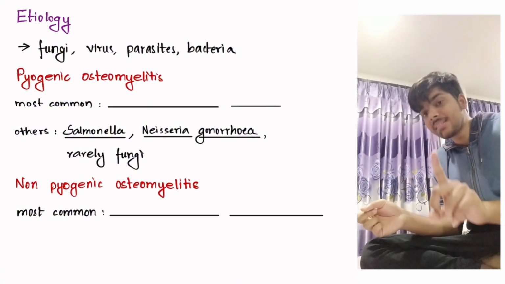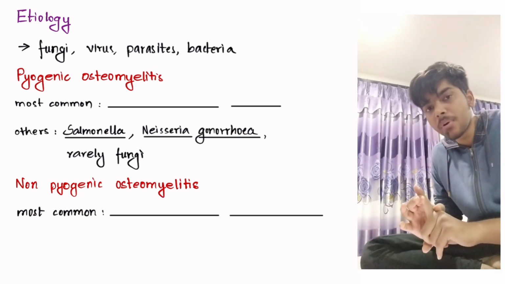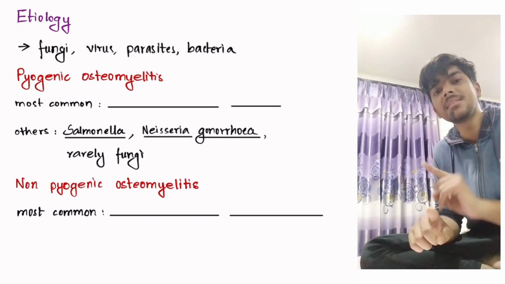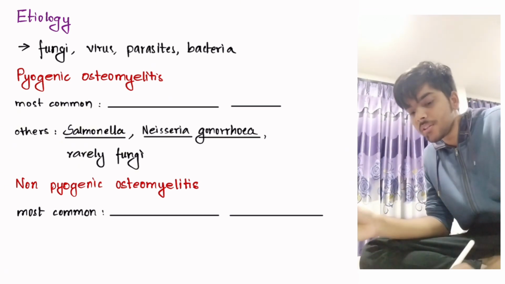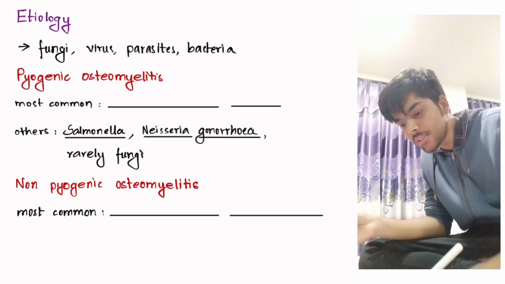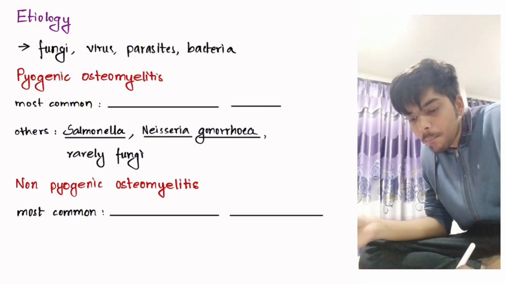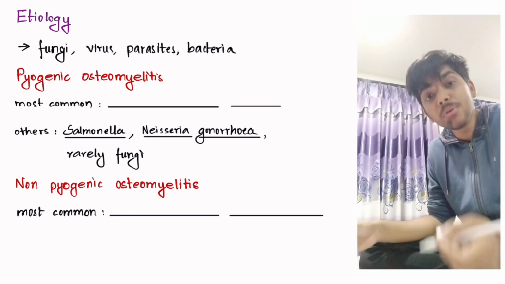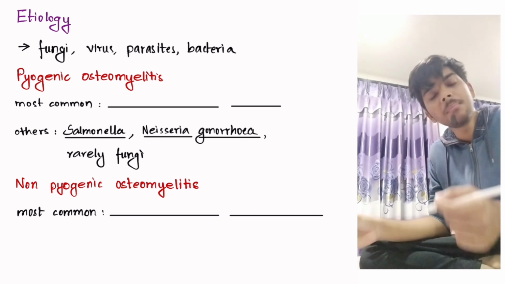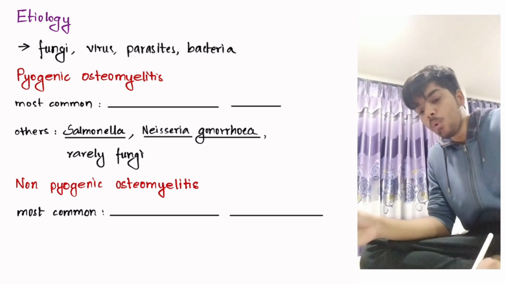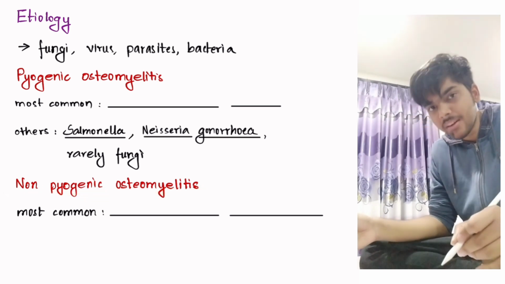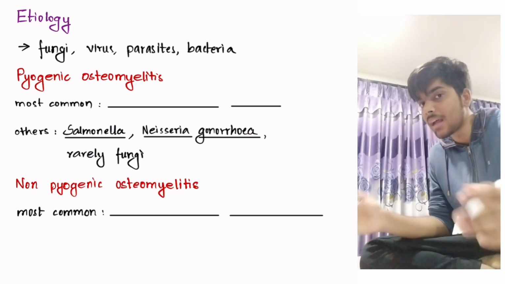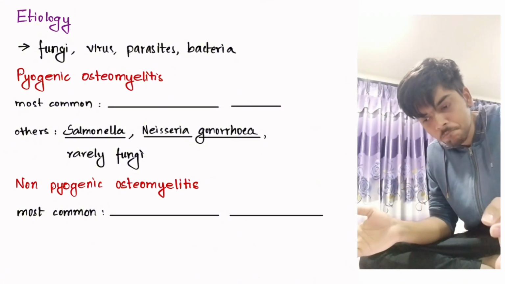So on the basis of whether pus is produced at the region of inflammation or not, osteomyelitis is of two types. There's pyogenic osteomyelitis, which is caused by a pyogen, or pus-forming microorganism, or non-pyogenic osteomyelitis, which is caused by a microorganism that does not produce any pus.